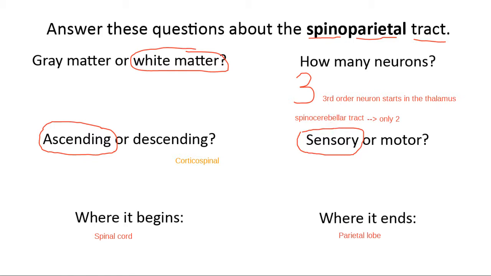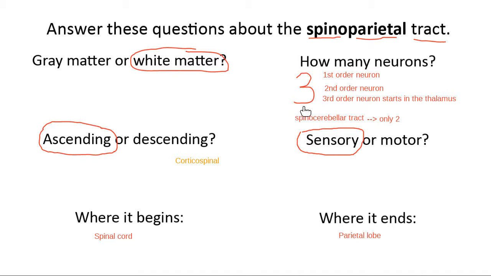I am going to have the first order neuron, and I am going to have a second order neuron. Remember, these are my names of the neurons in an ascending tract or in a sensory tract. Every sensory tract, except our one exception here, has 3.